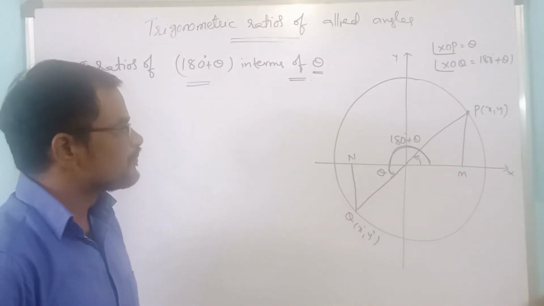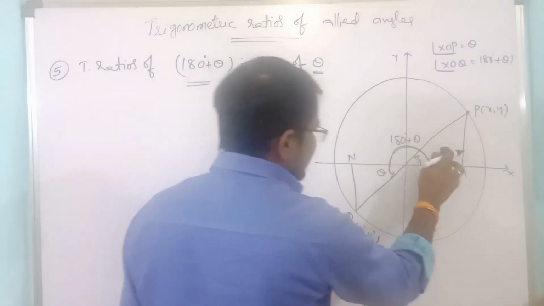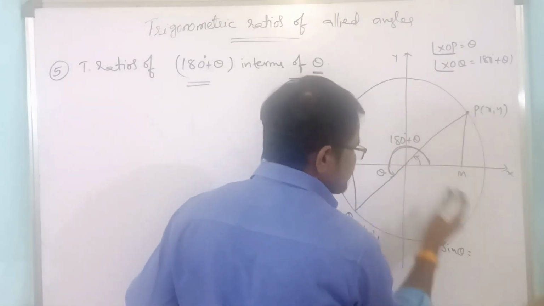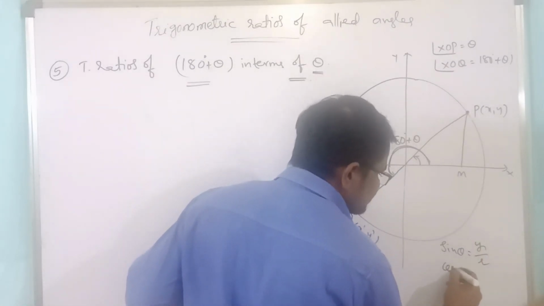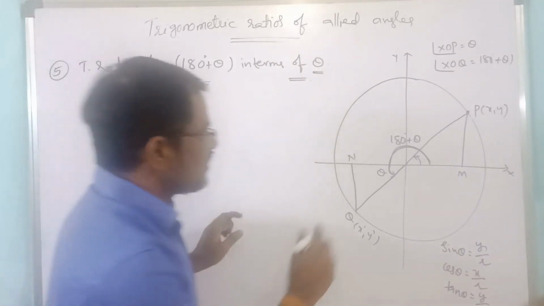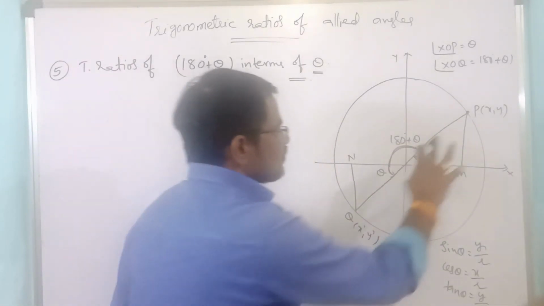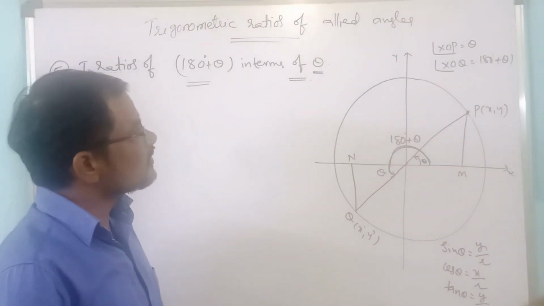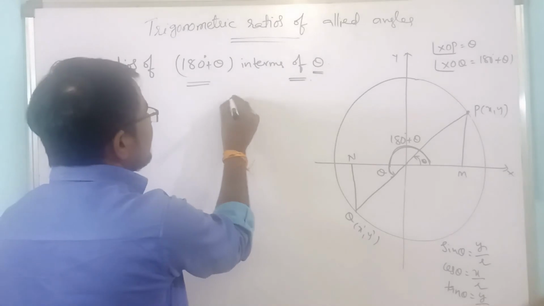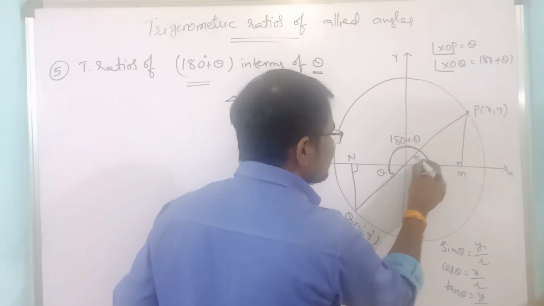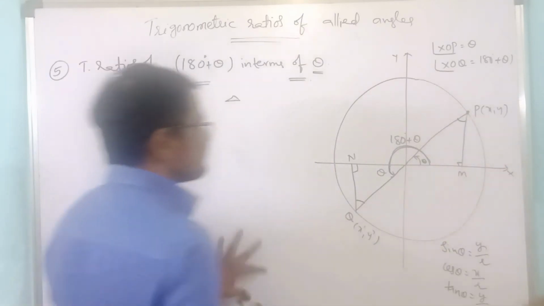Now this is 180 and definitely this is again theta only. So from this triangle, sine theta equals opposite side y by r, and cos theta equals x by r, tan theta equals y by x. The remaining ones you can also write: opposite, adjacent and hypotenuse. Now here in the triangle, here 90 degrees, here 90 degrees, here theta, here 90 minus theta, and here also 90 minus theta.